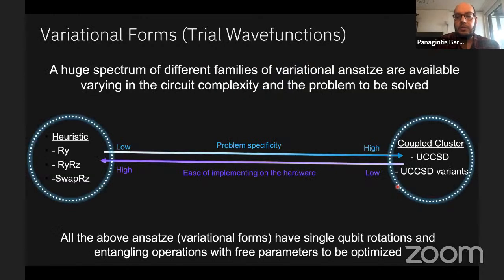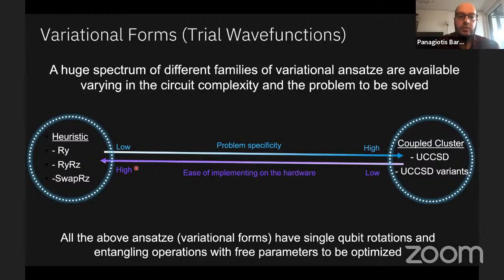What is important to know is that whenever you're going for a more specialized trial wave function, like the case of the coupled cluster and the different variants of the unitary coupled cluster, the problem specificity increases a lot, meaning that this can be used nicely for chemistry and fermionic problems. But at the same time, the complexity of implementation also increases.